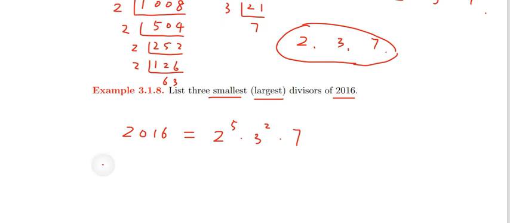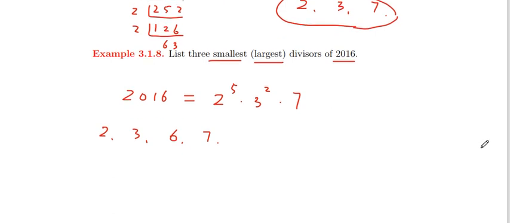The smallest could be 2, 3, and 6, like 2 times 3, and 7. So those are the smallest. For the largest divisors, we divide by 1 first, then divide by 2, and divide by 3.